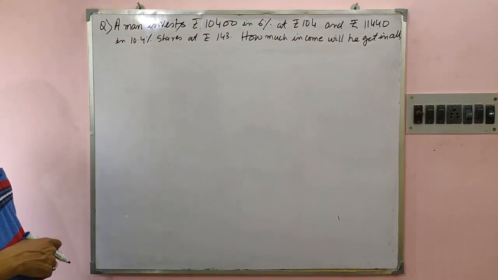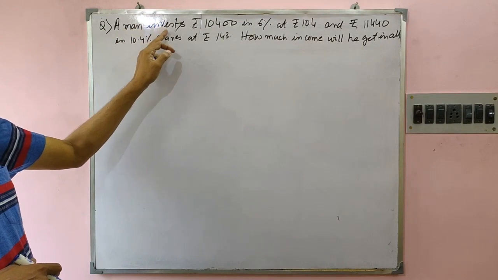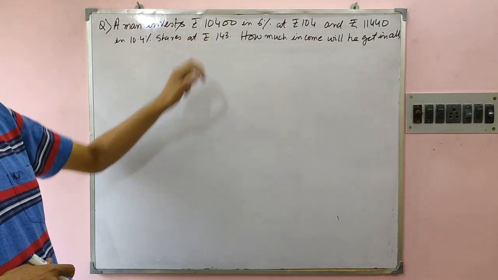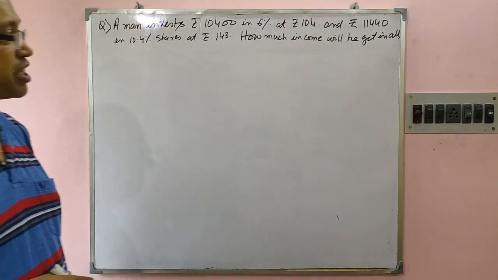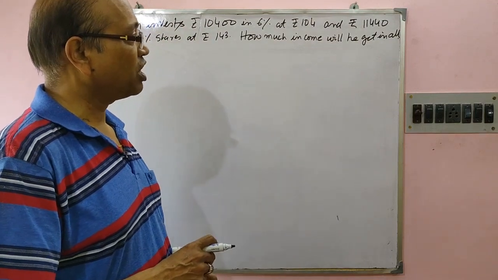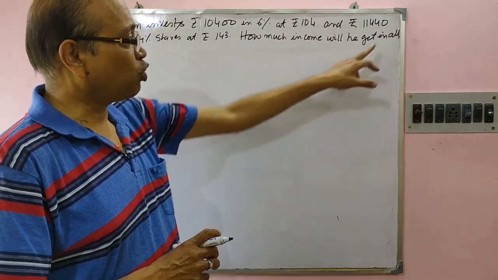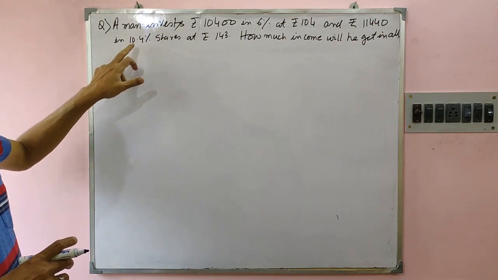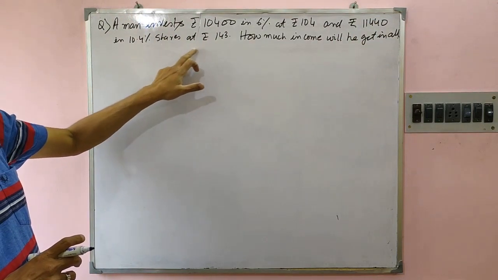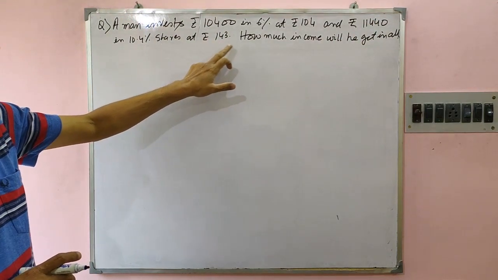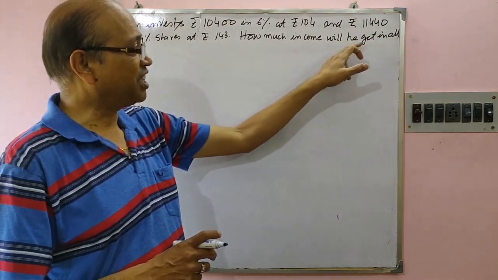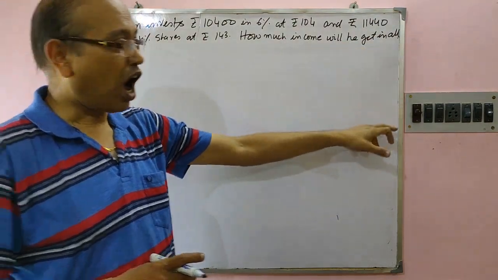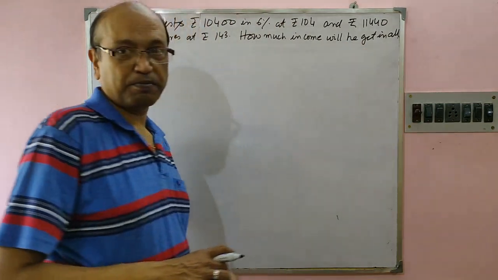The next sum. A man invests rupees 10,400 in 6% at rupees 104 and rupees 11,440 in 10.4% shares at rupees 143. How much income will he get in all?